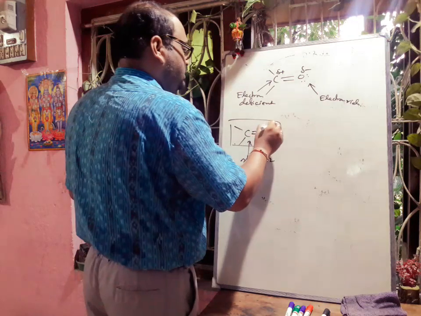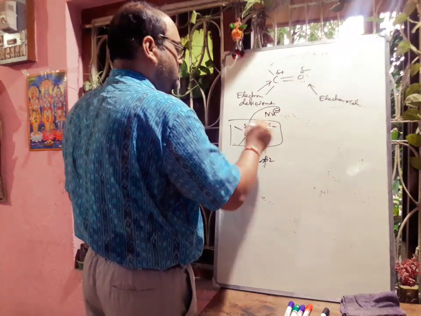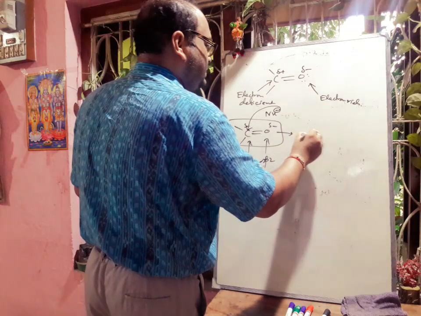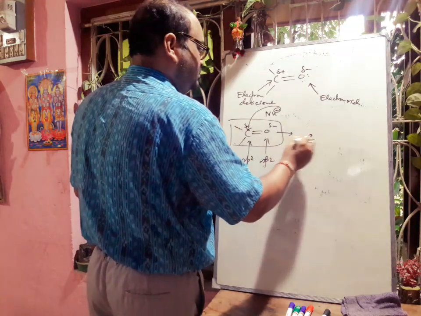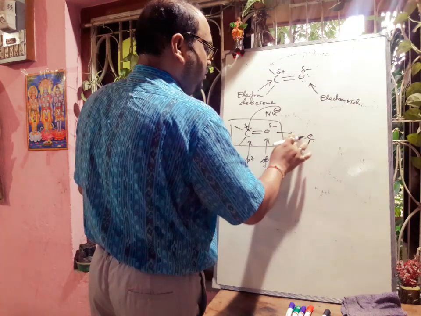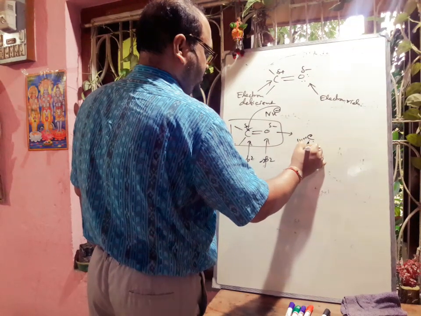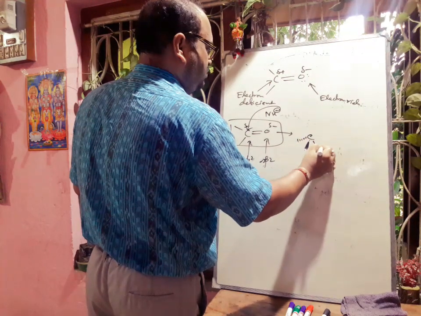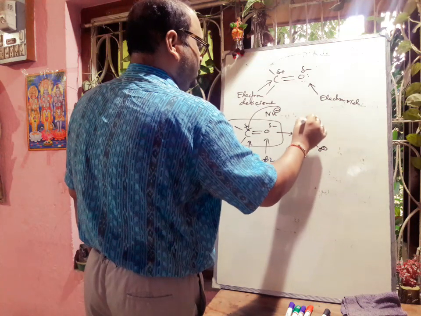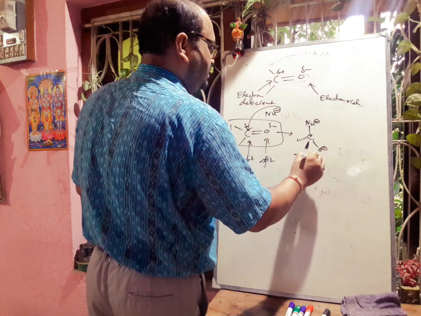The nucleophile will attack from the top. So we will get a structure where one group is above the plane and another is below the plane. This one is O minus and this one is the nucleophile. So the intermediate is tetrahedral.